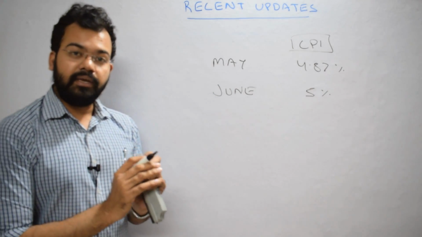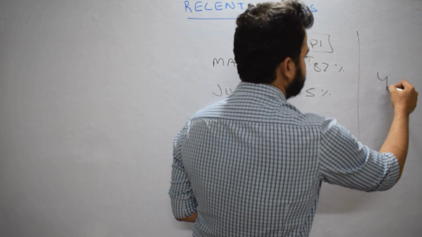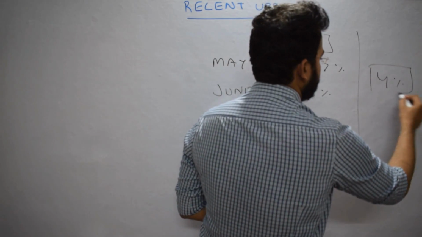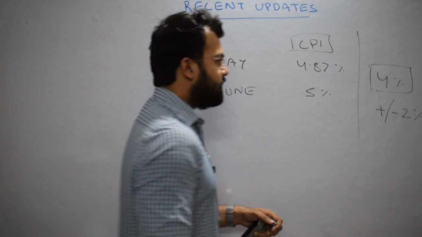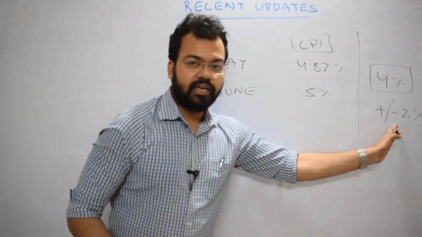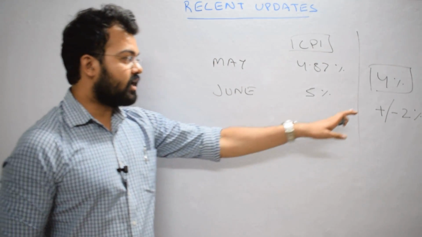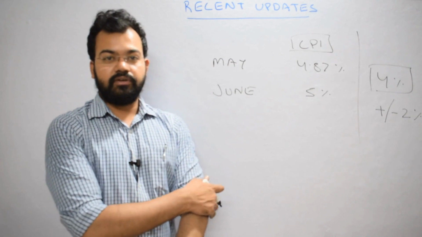In the medium term, the inflation target decided by RBI is 4% plus or minus 2%. It means we are going towards the upper limit of our inflation band, which was announced in 2015 by the Urjit Patel committee, the then deputy governor.